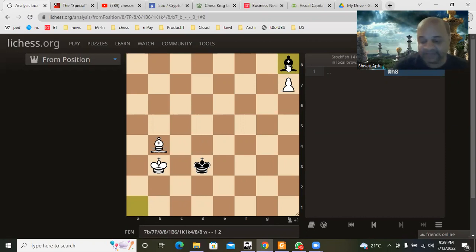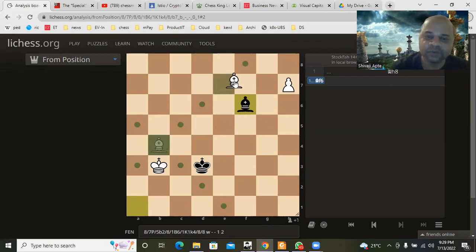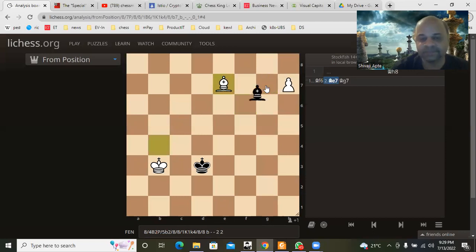Okay, but let us say he just puts the bishop on F6. Then what will white do? Sir, bishop to E7. No, bishop to E7? If you do, then he will just go to G7. Sir, the white will move his king.